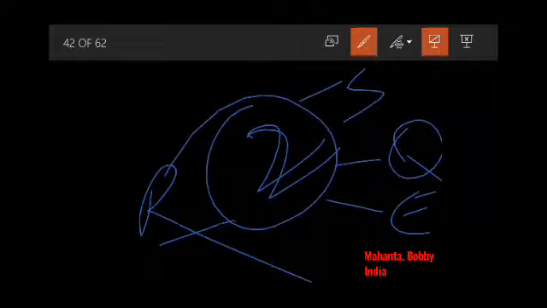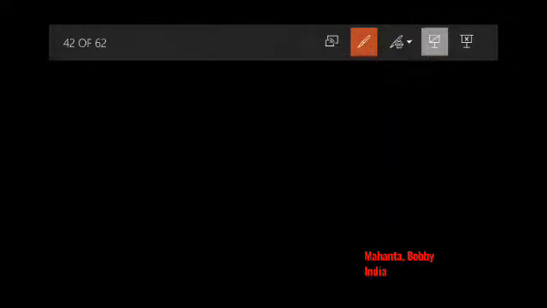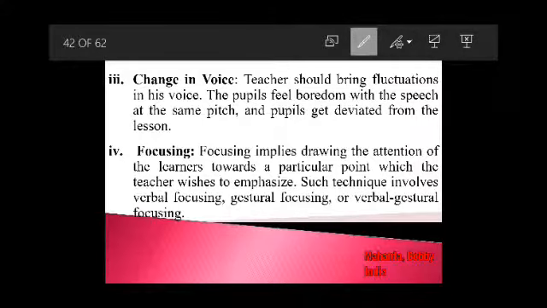The teacher is using certain examples which are relevant and interesting. The voice modulation and the teaching aids that the teacher is using are also very interesting. So all these factors create a suiting and a dynamic classroom environment.